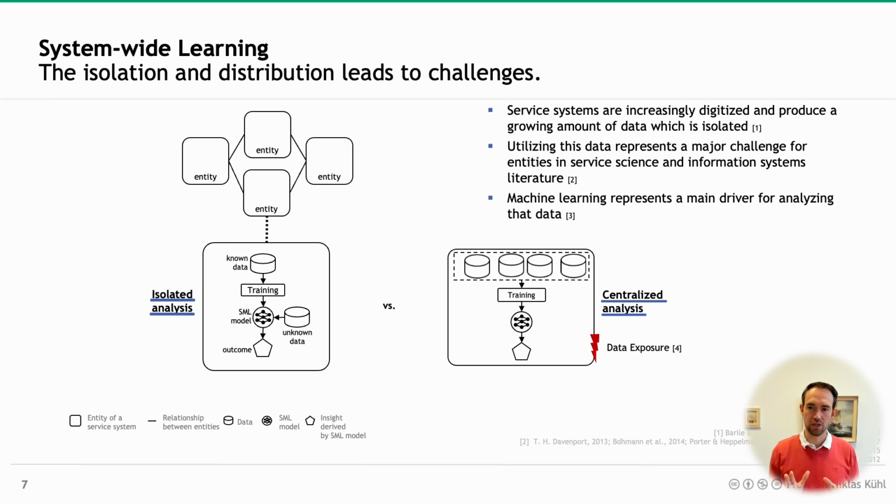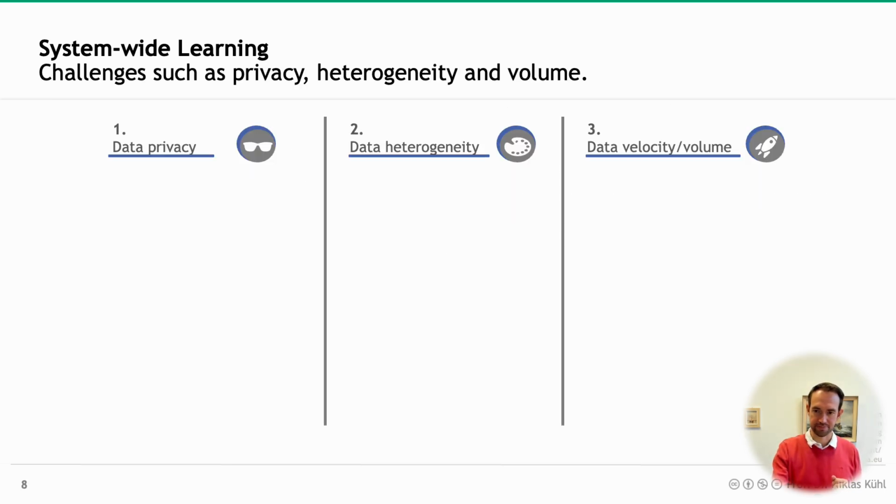So I have these two extreme cases: the isolated analysis on the left, meaning every entity does its own analysis and nothing is shared, and the other extreme case is the centralized analysis on the right here, where we put all the data into one part and then do analyses. And for these two, I want to highlight three different challenges that arise.